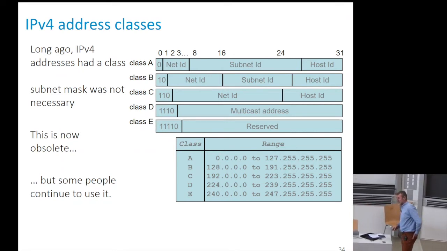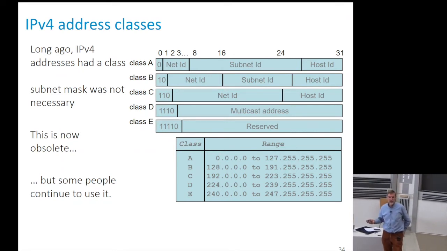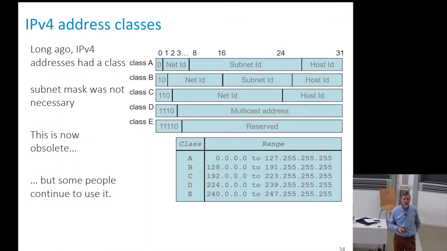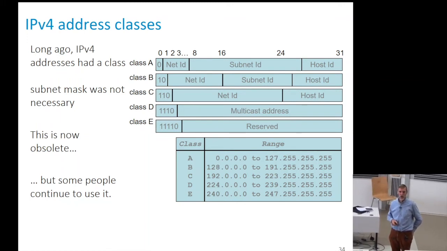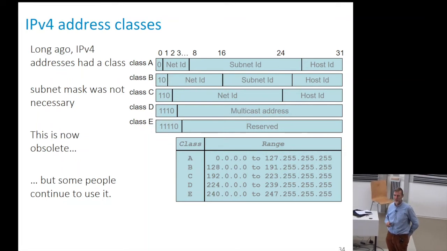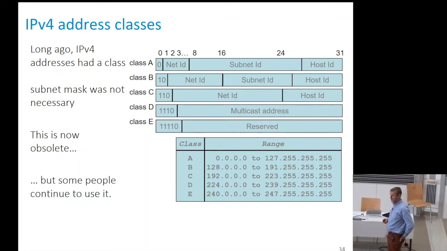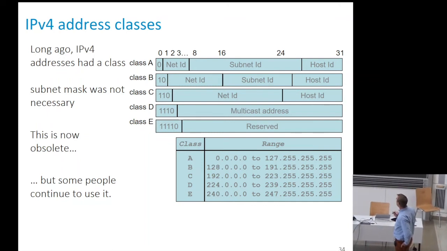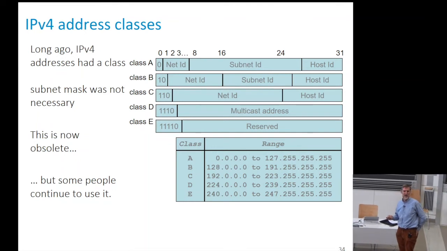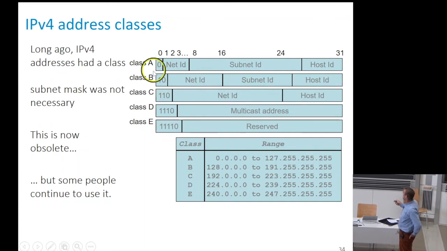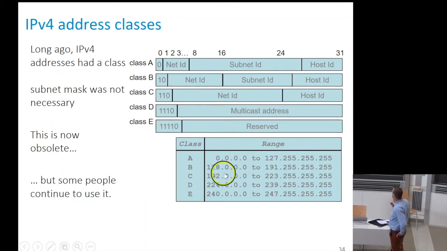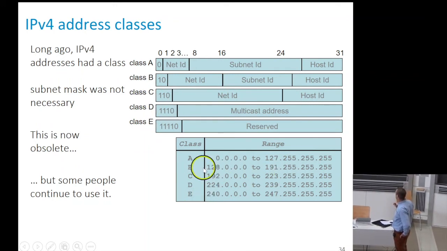Some old terminology that's completely obsolete, but you still continue to read it in some documents: the IP address classes. Long ago, well before you were students, for most of you, the IP addresses were structured. So we could live without masks in some sense. There were so-called class A addresses for large networks, class B for medium-sized networks, and class C for small networks. The class C networks are the ones from 192 to 223, the class B from 128.